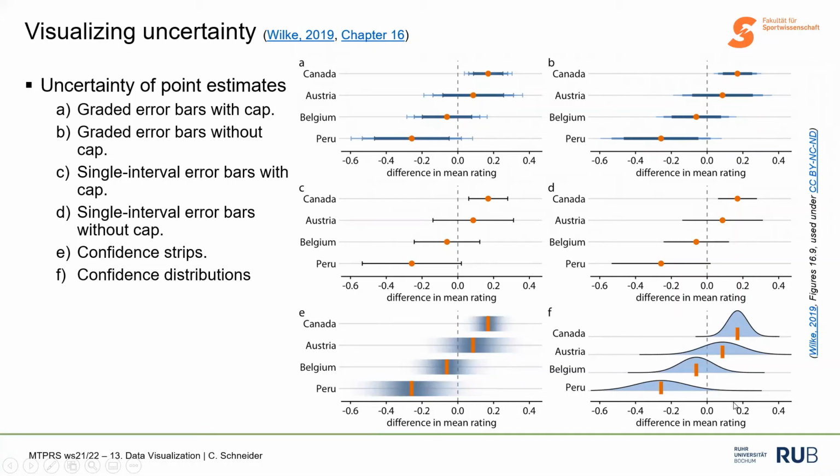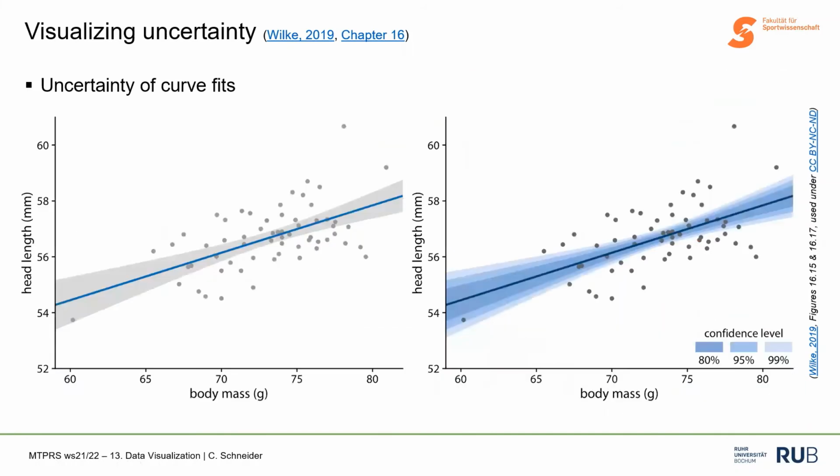So visualization of uncertainty, either with error bars or with some type of stripes or distributions, is probably a very effective way. And this gets important for the applied example for monitoring. I know this is a lot, but please keep this a little bit in mind.